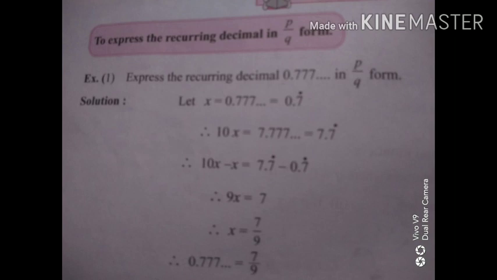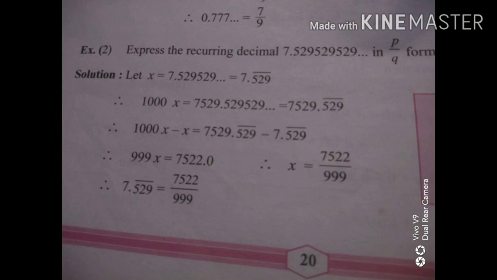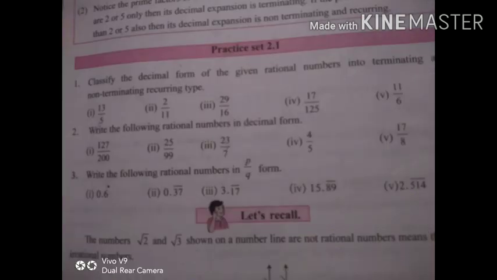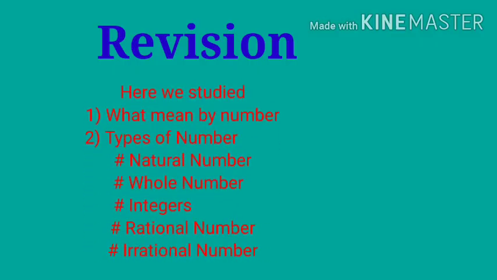Here we have given one example to express the recurring decimal in p upon q form, that is express the recurring decimal 0.777 into p upon q form. We have solved it. The second one is to express the recurring decimal 7.529 in the form p upon q, that is solved here. So now try practice set 2.1.